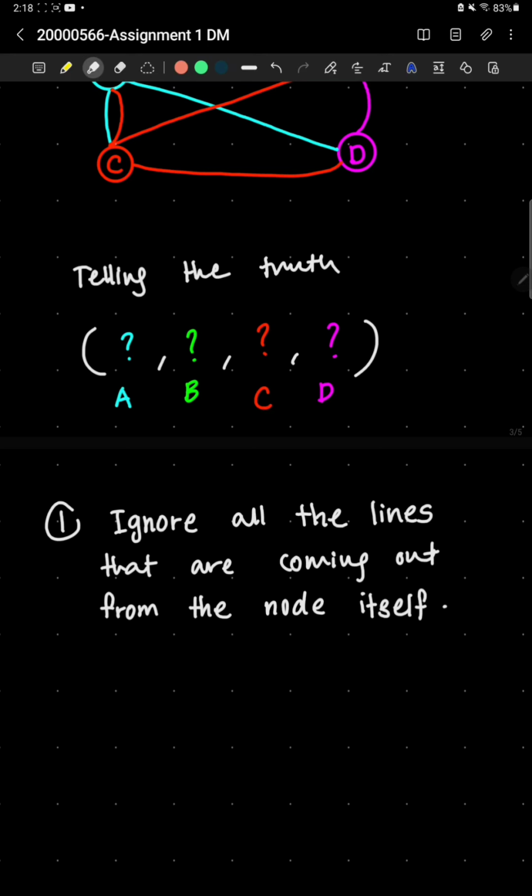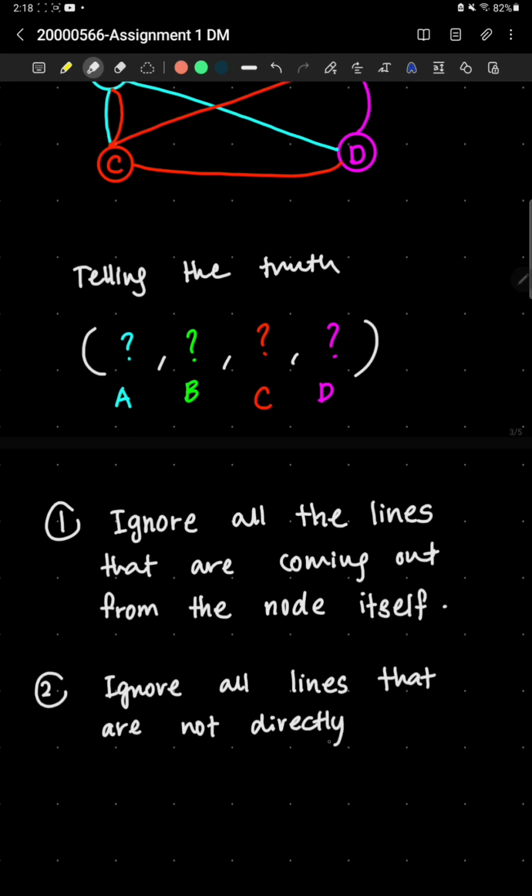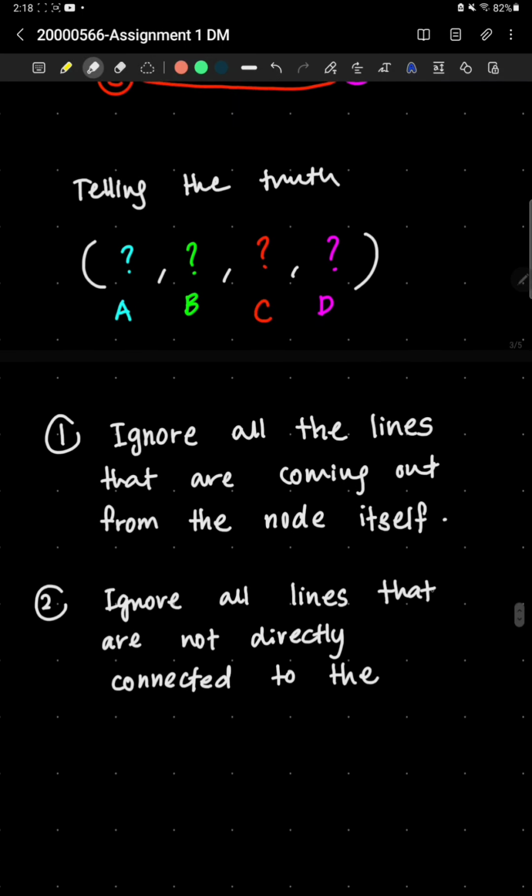Second, ignore all lines that are not directly connected to the knot.